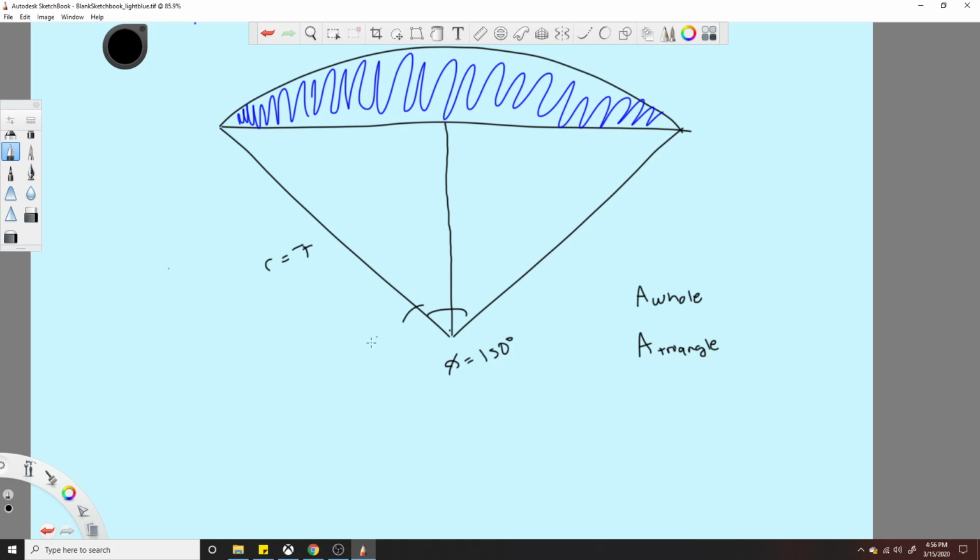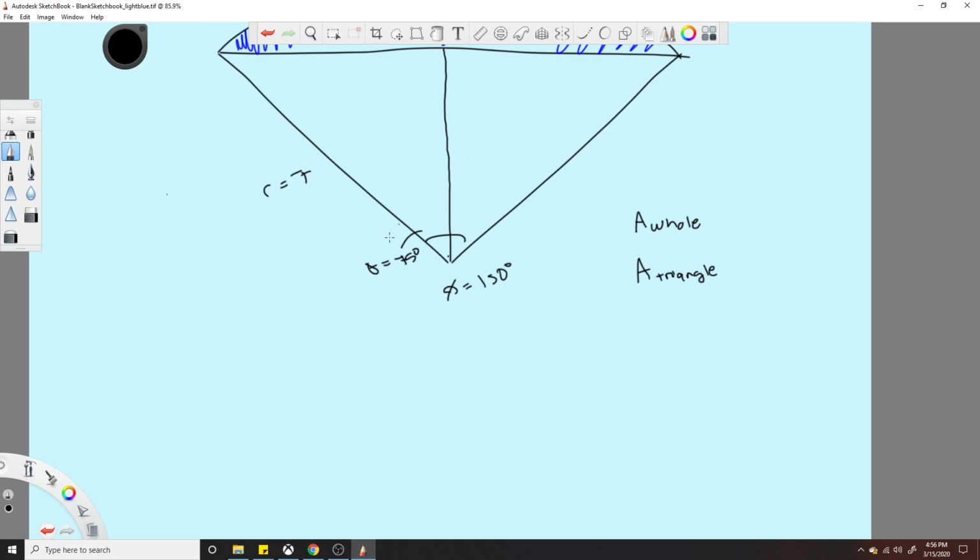So we'll call this angle theta, and it's going to be equal to 75 degrees. It's half of 150. So now we have an angle and we have a side. We can get our base and our height of this triangle. So the cosine of our theta is going to be equal to our base over 7.